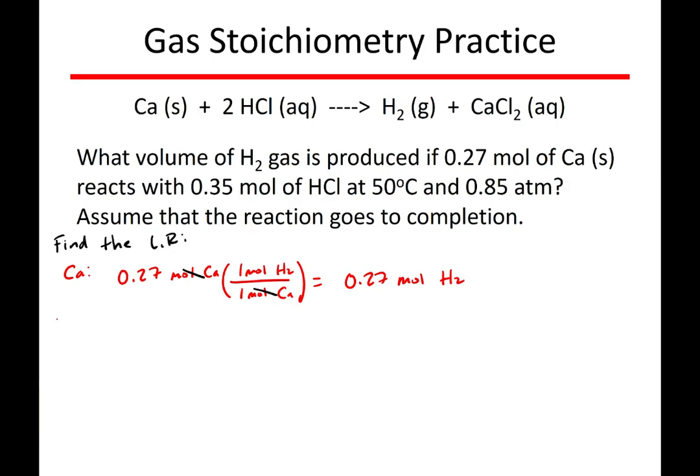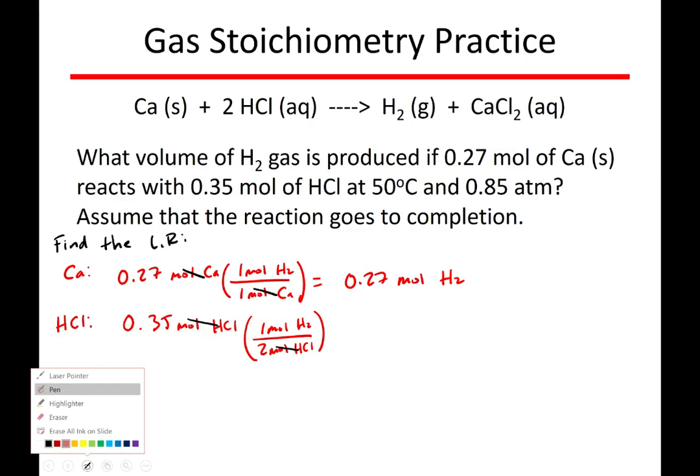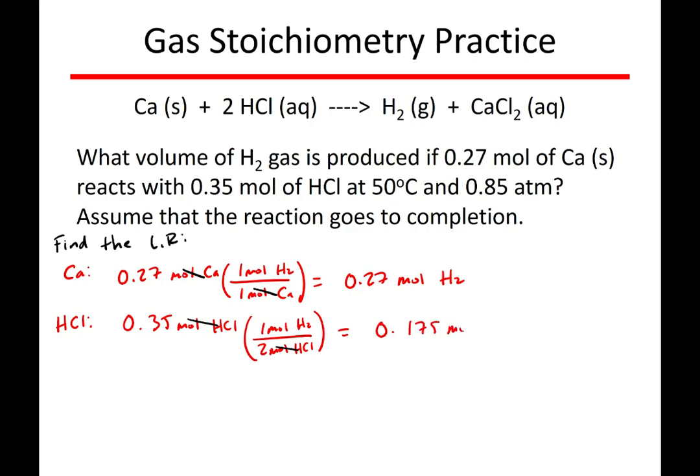All right, what about the HCl? For the HCl, we have 0.35 moles of that. And the mole ratio from this equation tells me I make 1 mole of H2 for every 2 moles of HCl. And so the moles of HCl cancel out, and I find that if I used all the HCl, then I would make 0.175 moles of H2.